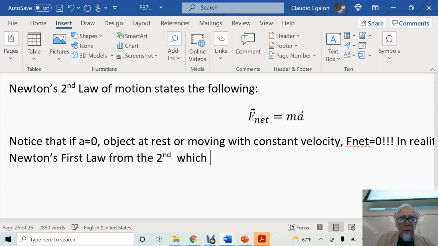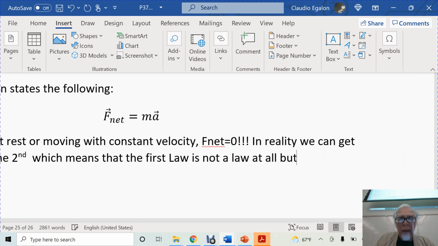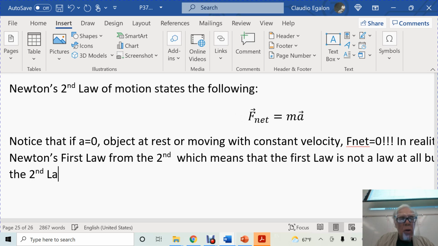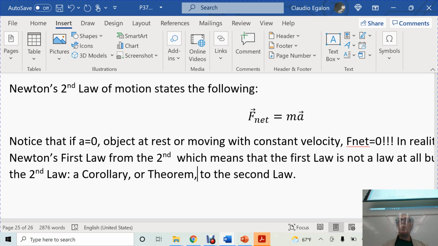Which means that the first law is not a law at all, but a consequence of the second law. We also say it is a corollary to the second law. Or you can even call it a theorem as well. Different words that mean the same thing.